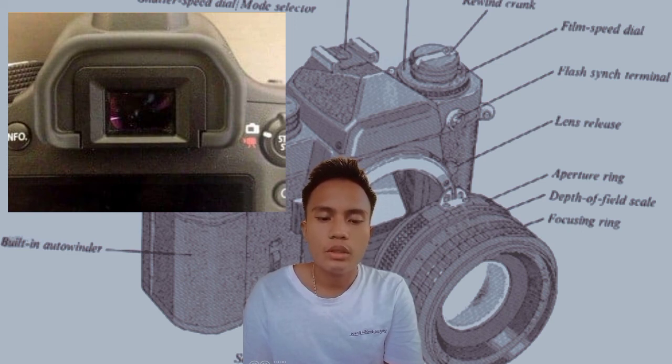The view you see in the viewfinder is the actual view that the lens sends, and therefore is the same view that the film will capture. This is distinct from a rangefinder, where the viewfinder is not connected to the picture-taking lens but uses its own lens.